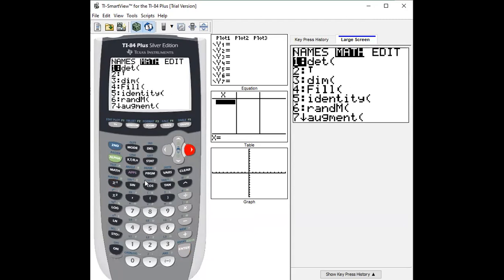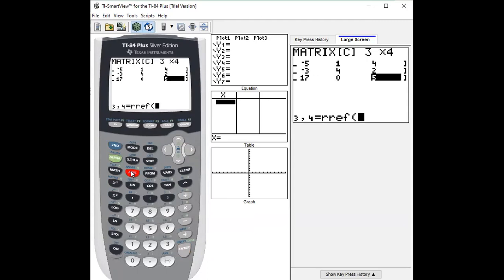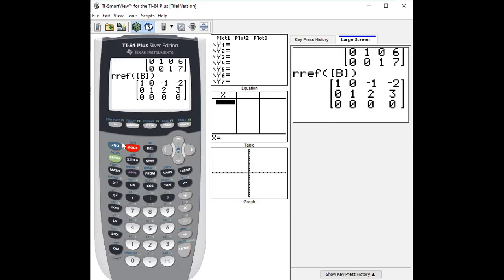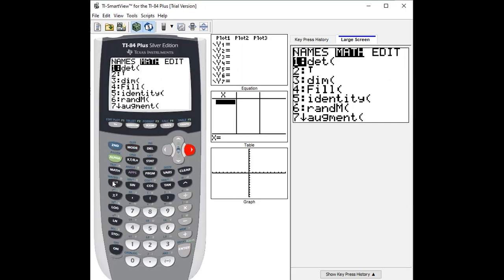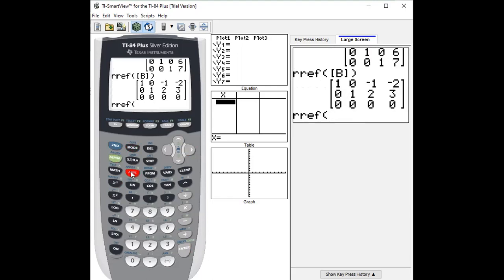And when we go into matrix math, remember that we can scroll down. Oops, I didn't quit. Hold on. I'll leave that alone. So I'm going to go into matrix math. I'm going to hit alpha B here because I know that's where RREF is, but you could certainly scroll.